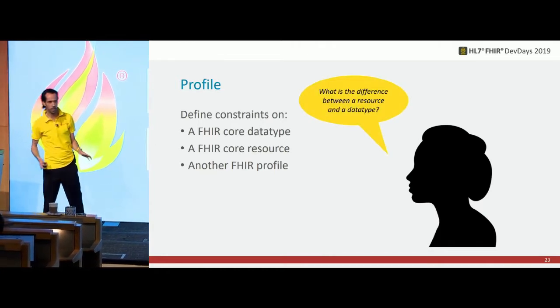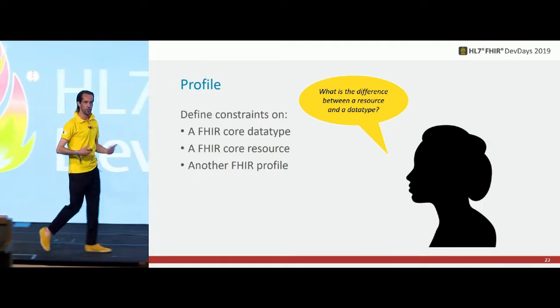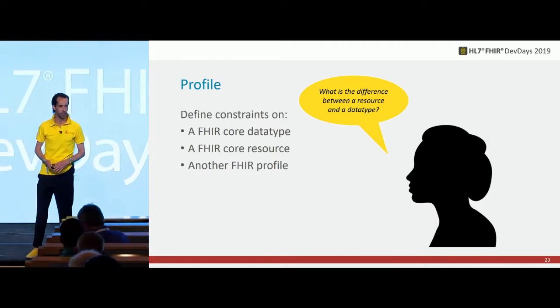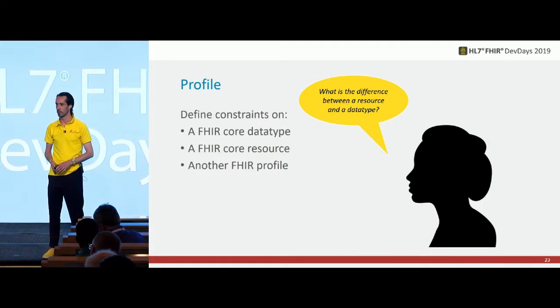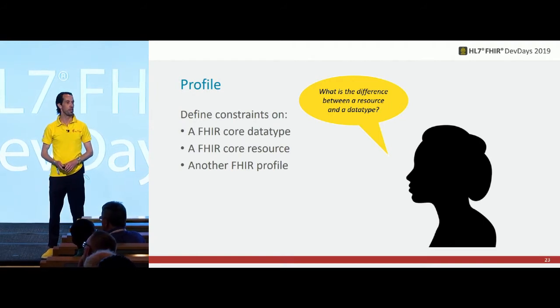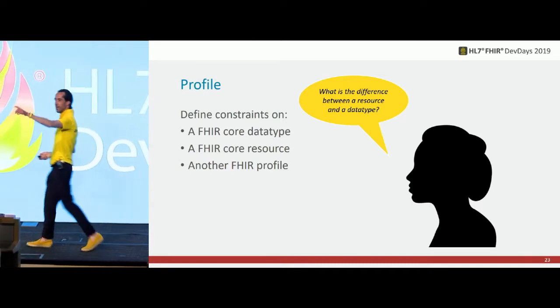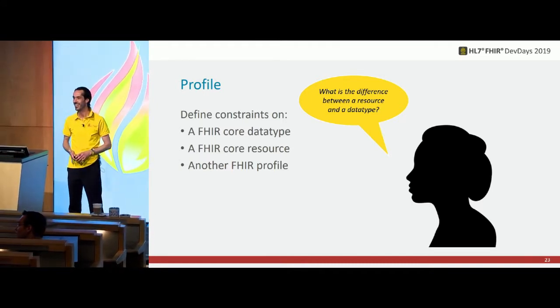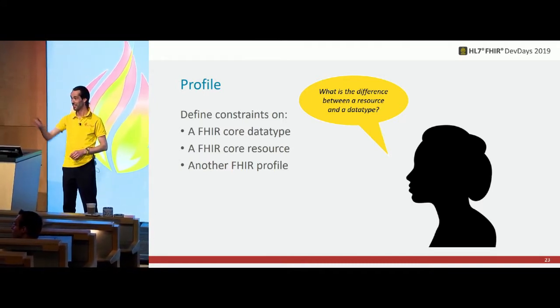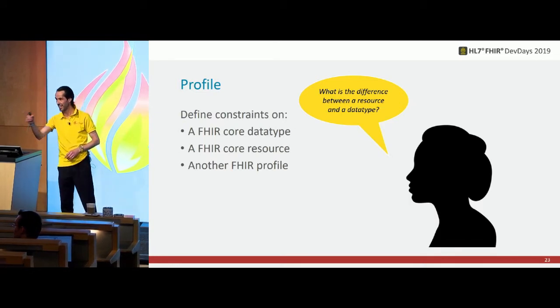Maybe a little trick question, because these data types and resources are all defined by means of a structure definition. So what's the difference between a data type and a resource? Raise your hands, anybody. You must know, Brian. No? Please. Data type cannot stand on its own. Exactly.